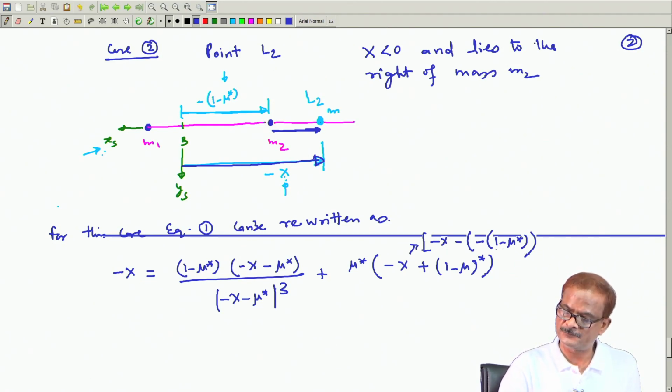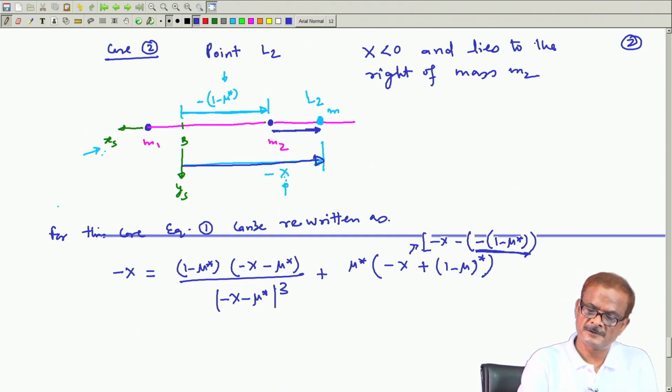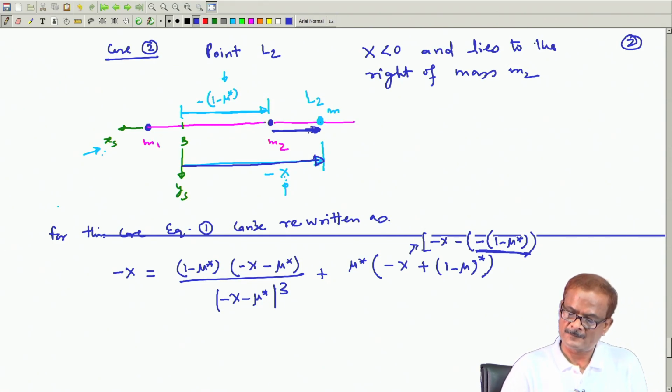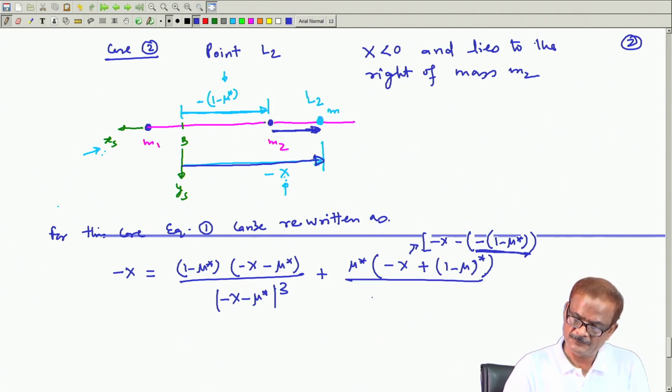From minus x you are subtracting a negative quantity, so that gives a positive value. Ultimately this gives you a vector along this direction. And the same way here in the denominator we have minus x plus 1 minus mu star whole cube.